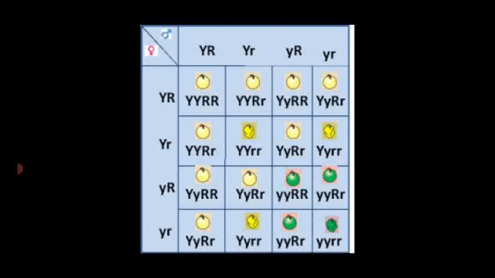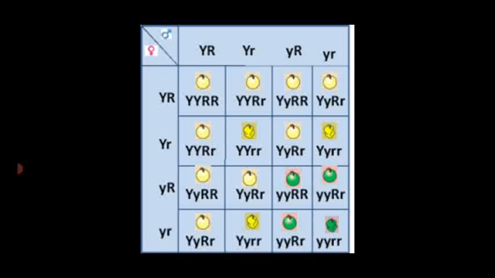The flow chart shows the dihybrid cross ratio, that is 9:3:3:1. That is the yellow round dominant character. Then wrinkled green is the recessive character. And the intermediate stage 3 is wrinkled yellow.